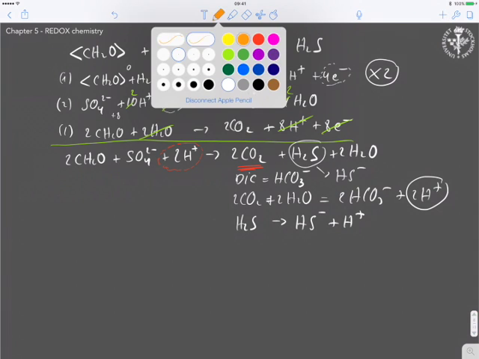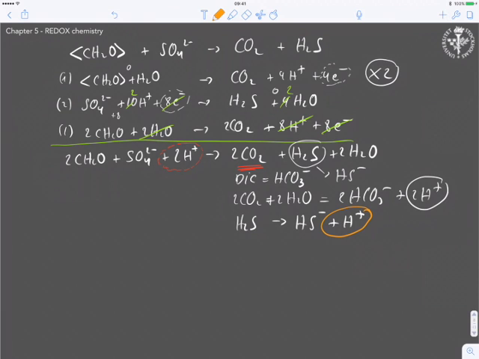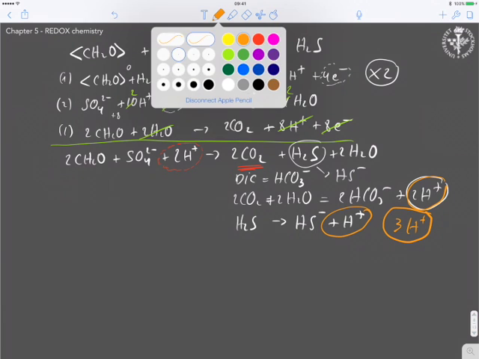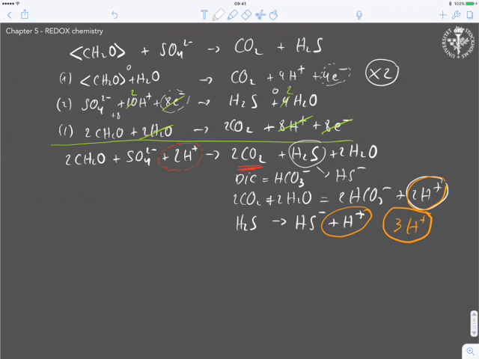In this case, you will have creation of 3 H plus, 3 protons, out of the change between the different species of sulfide and carbonate.